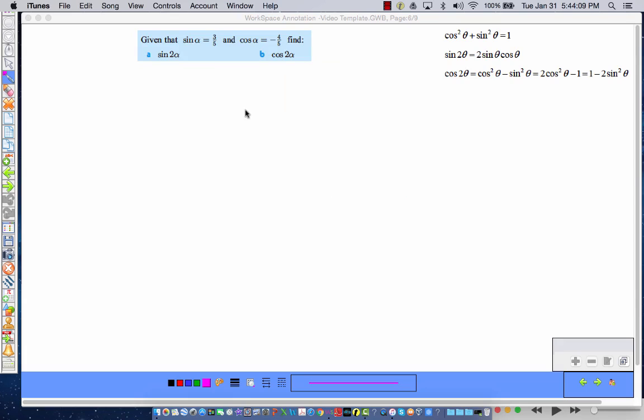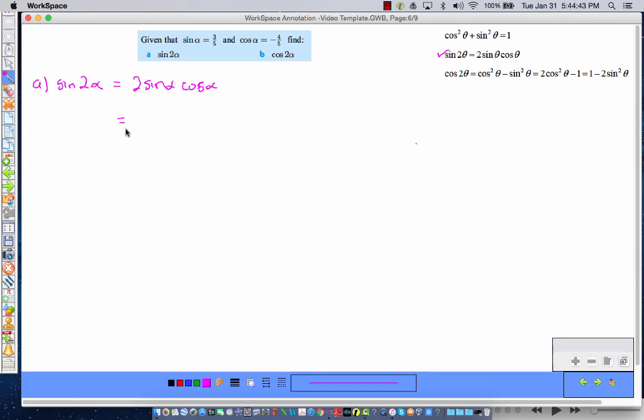All right. So if we're given that sine alpha equals 3/5 and cosine alpha is equal to -4/5, find sine 2 alpha. Well, this is straight substitution. So we know that sine of 2 alpha is equal to 2 sine alpha cosine alpha, from right here.